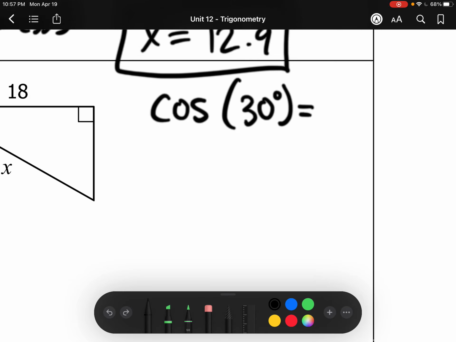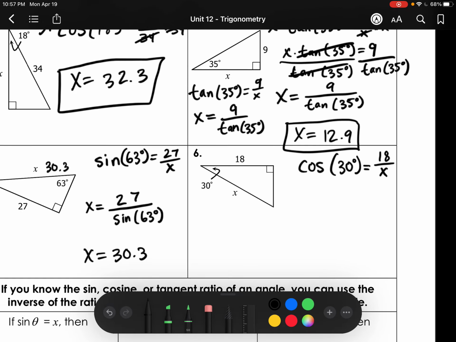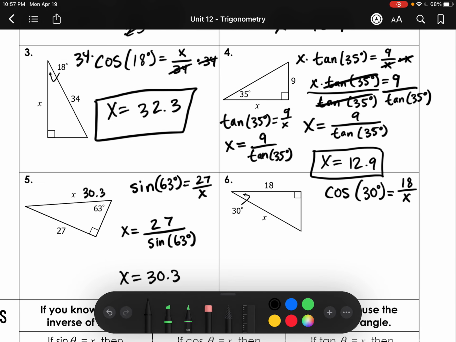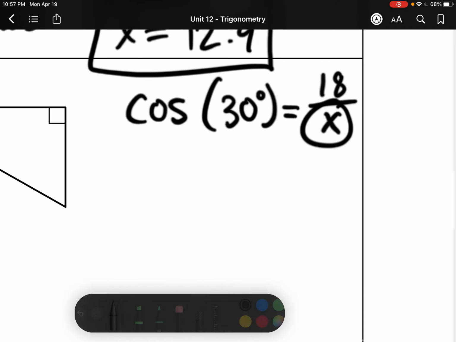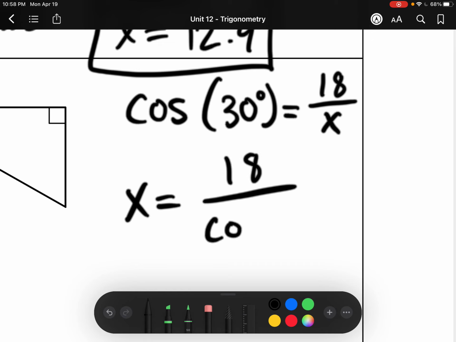Adjacent is 18, so 18 over hypotenuse, which is x. And just like numbers 4 and 5, since we have x in the denominator position, we're going to switch these two. So I'm going to rewrite this: x is equal to 18 over cosine of 30 degrees.